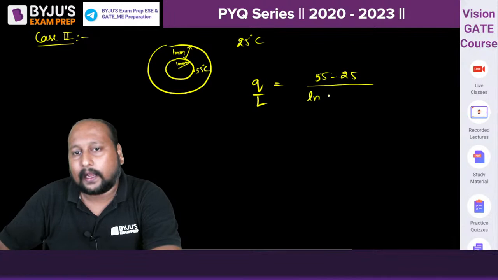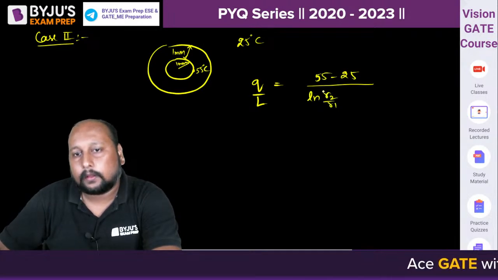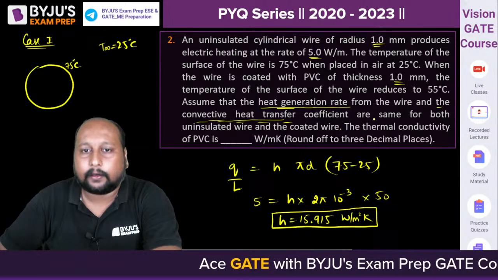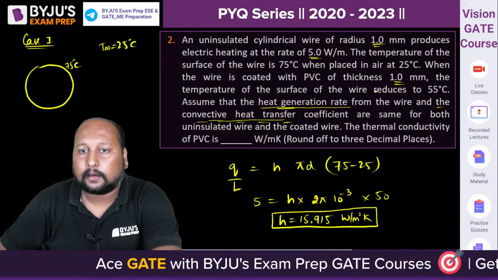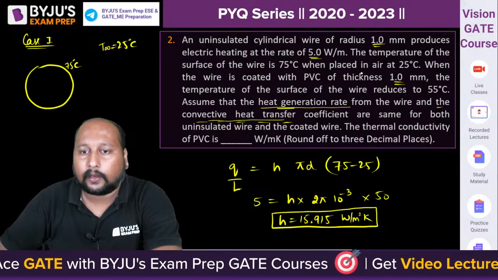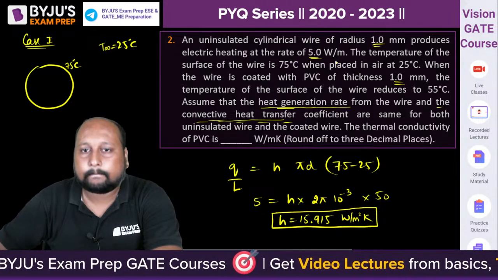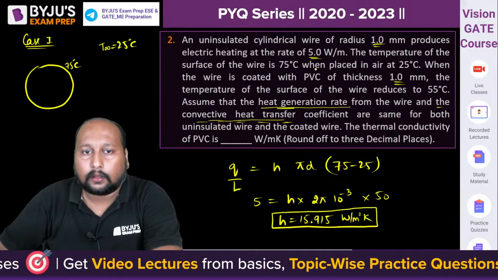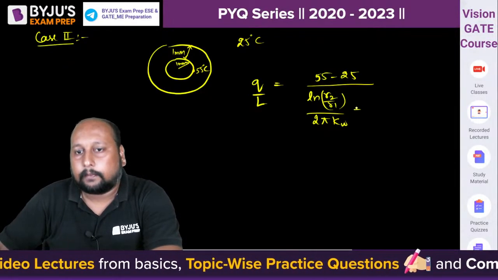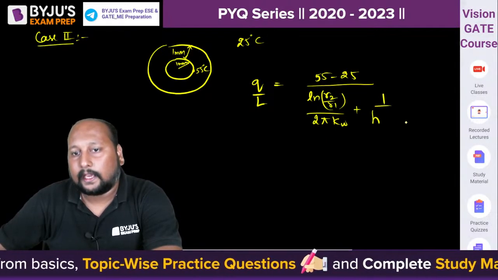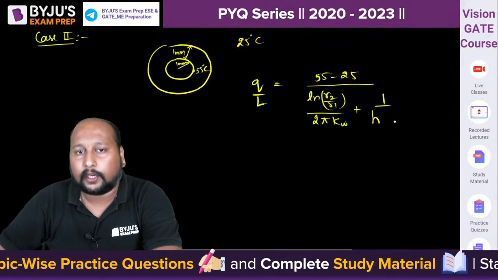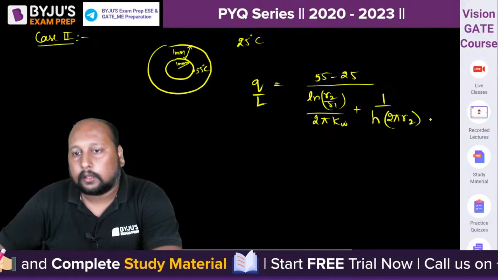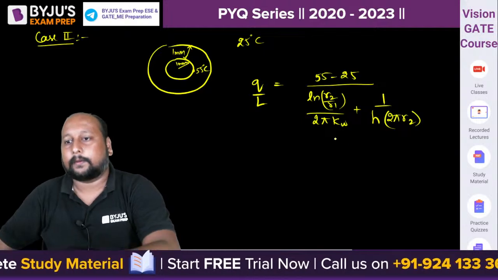So this is ln R2 by R1 divided by 2 pi K of the wire, let me check, plus 1 upon h into 2 pi R2 into L.